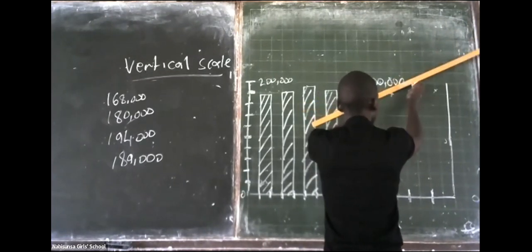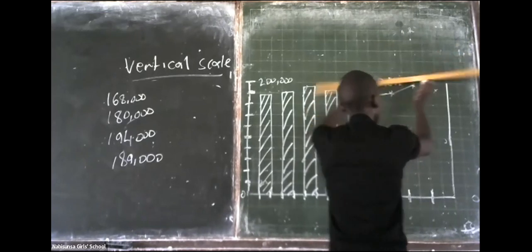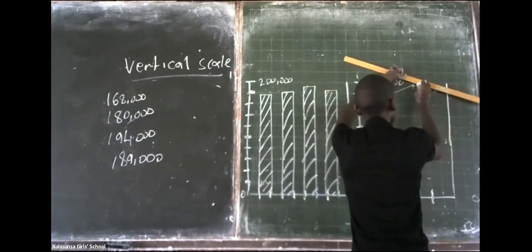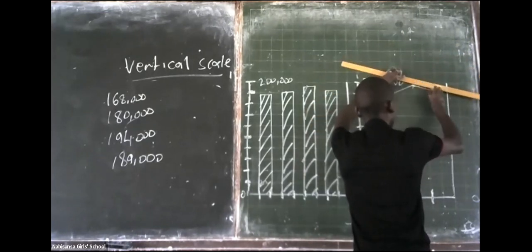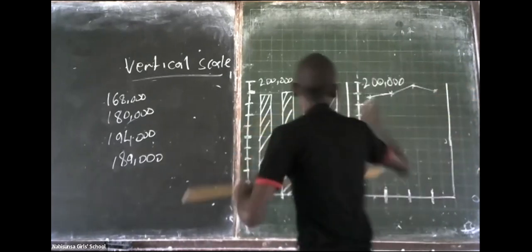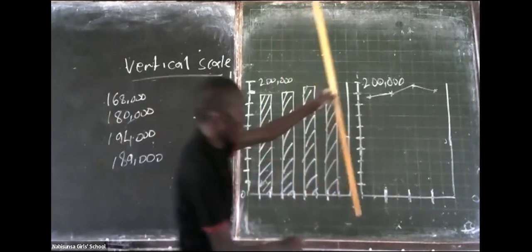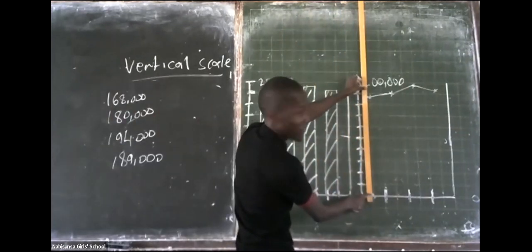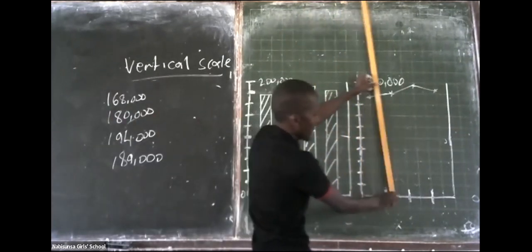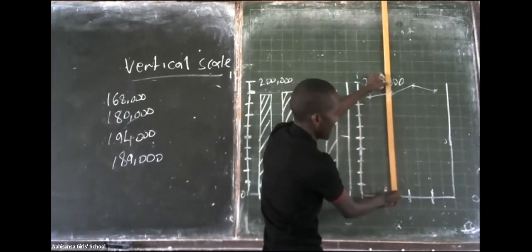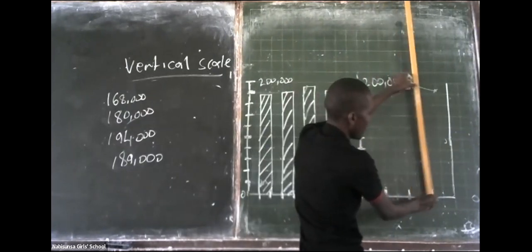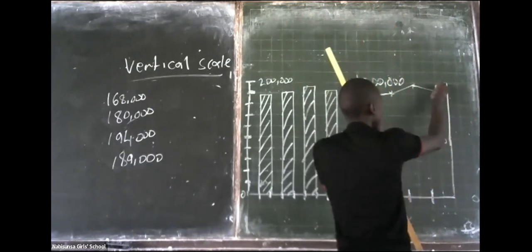Then also here, I join. Also here, I join. That's how my graph will look like. Don't you see that the middle, that's where I find, even here, that's where I find the middle.